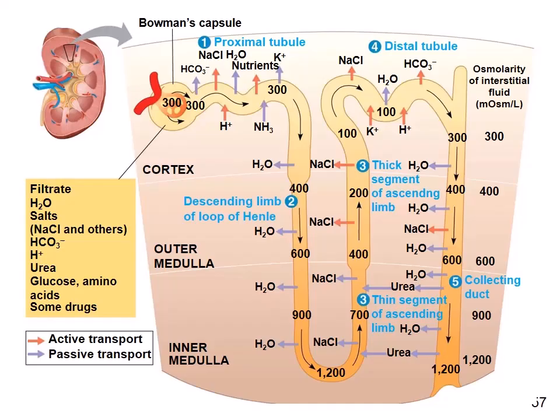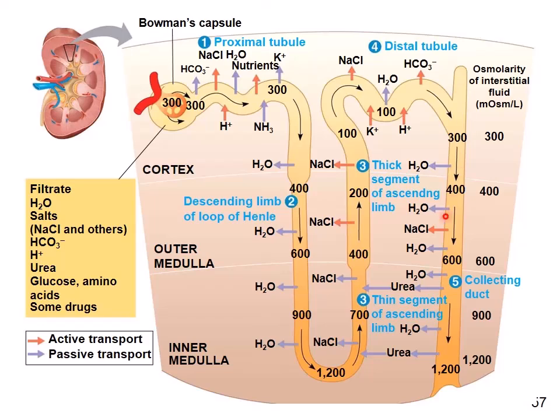So if we look at it kind of all together here, here we have the glomerulus and the Bowman's capsule, proximal tubule, descending limb of loop of Henle, ascending limb, distal tubule, and collecting duct. The nephron loop here, or loop of Henle, is important for building the concentration gradient from the cortex to the inner medulla.